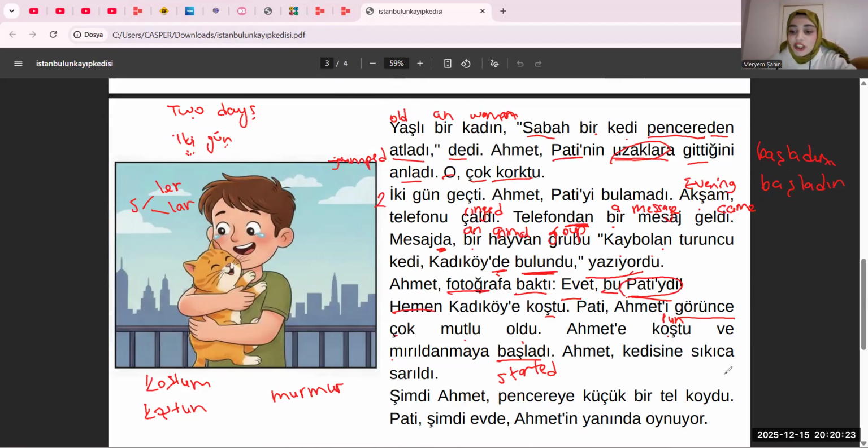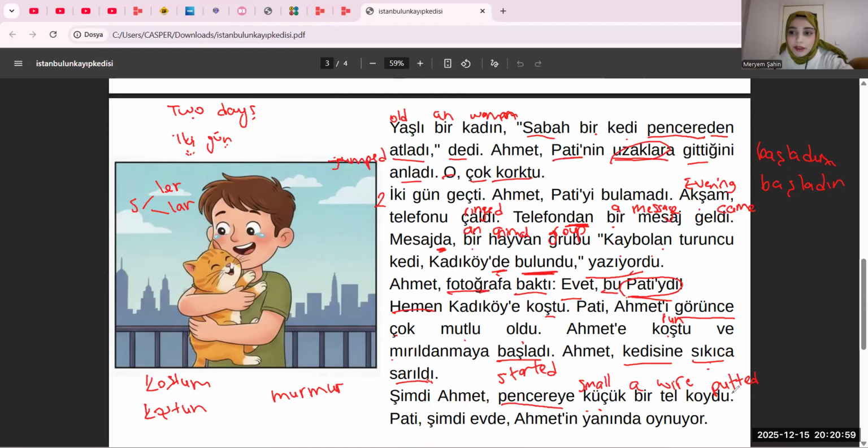Ahmet kedisine sıkıca sarıldı. Hugged. Sıkıca means tight, very tight. So he hugged his cat, kedisine, very tight. Şimdi now Ahmet pencereye küçük, small bir tel, it's like a wire, koydu. Put. I don't know if put gets a suffix to make it past tense.